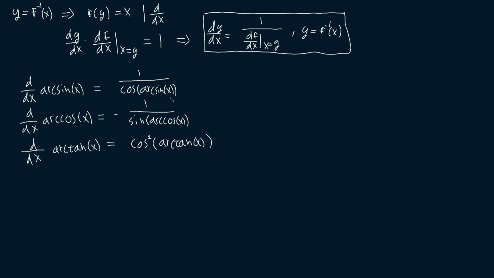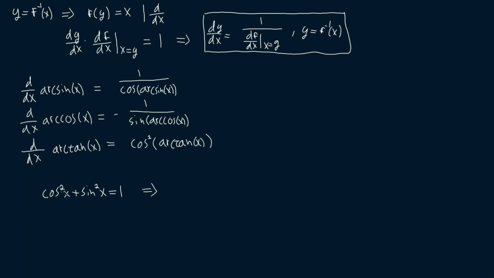Now our goal then becomes to simplify these expressions. We're going to do the simplification by considering the trigonometric identity cosine squared of x plus sine squared of x is equal to 1.